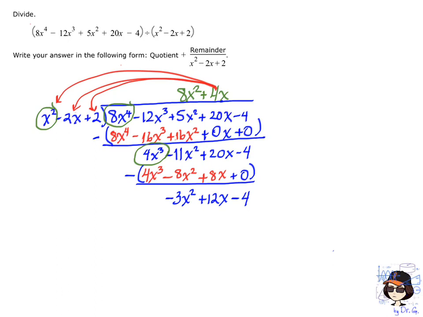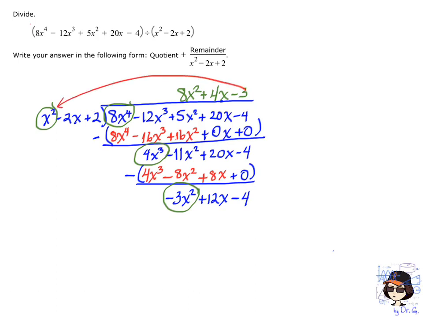Okay, so once again, look at the leading terms. Negative 3x squared divided by x squared. Okay, so negative 3 divided by positive 1 is negative 3. So the quotient there is negative 3. So now we're going to do the multiplication.